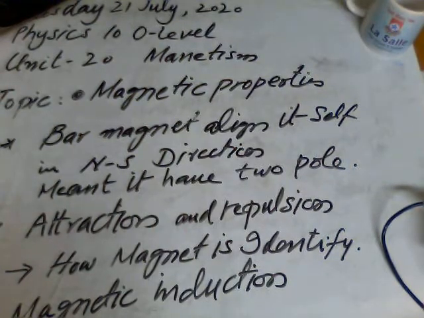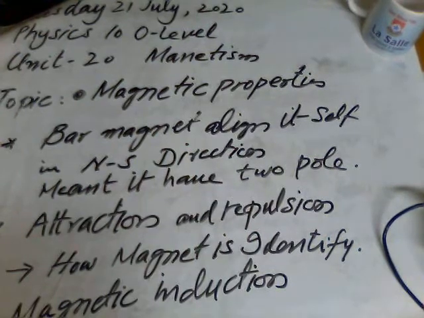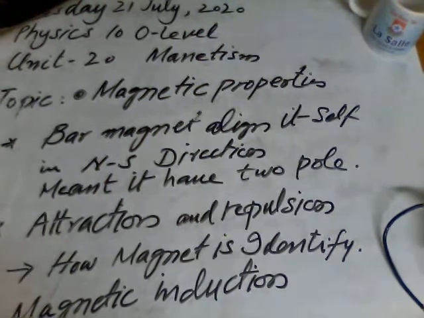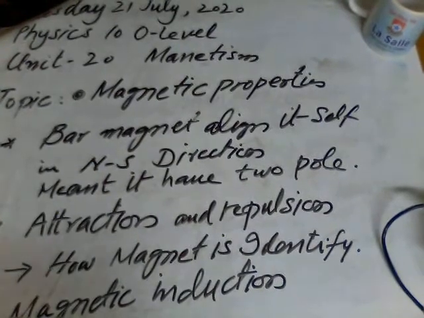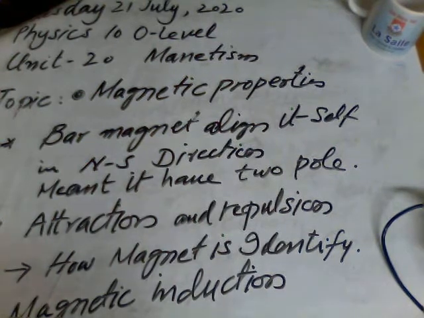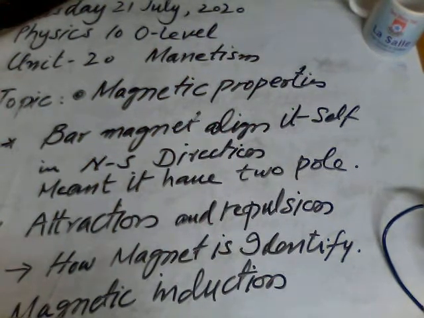Then the piece which we want to identify, we can bring into contact with magnetic material. Yesterday we studied that the magnetic materials are steel, iron, cobalt and nickel. These are the four magnetic materials.